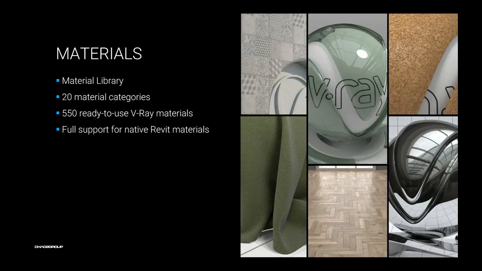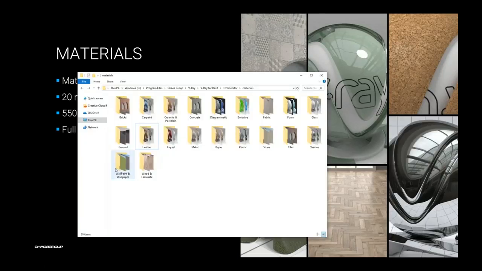They are very simple to use, just drag and drop. Currently, the exact quantity of V-Ray materials in the library is 554. And since all our users enjoy them very much, we are working on extending the library with even more and more materials.